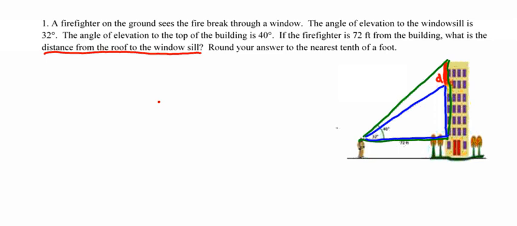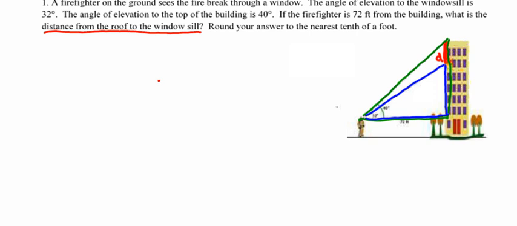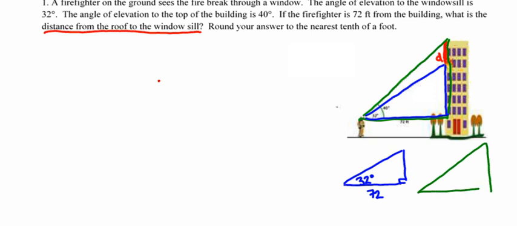So I'm going to draw the blue triangle separately from the green triangle. In my blue triangle, the right angle is down at the bottom. This horizontal distance is 72 feet. The angle of elevation is 32 degrees. And likewise, when I draw the green triangle separately, it's a little bit bigger.